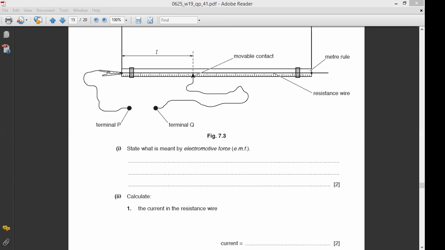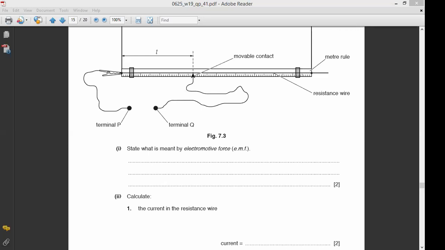Again, this is the work done it takes to transfer 1 coulomb, per unit charge, round a circuit.